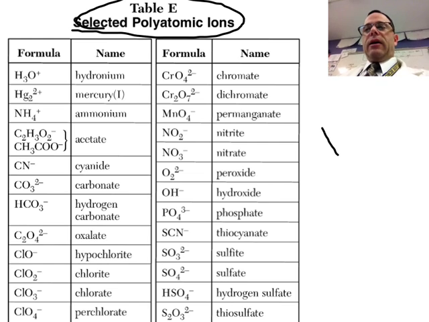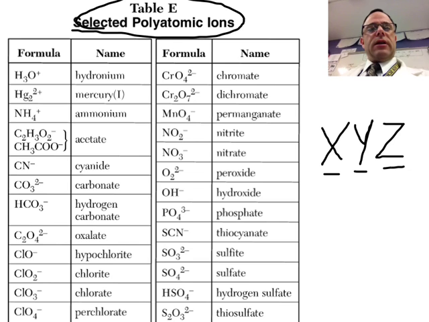So if we have atom X bonded with Y, and you also see a Z, so we have 3 different atoms in a formula, inspect this table.